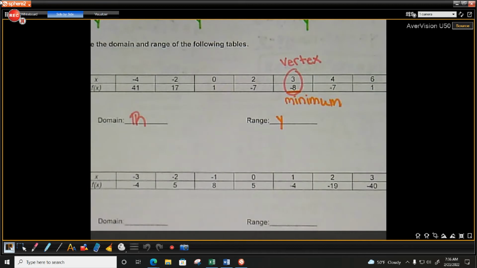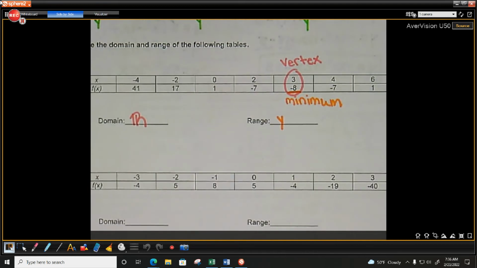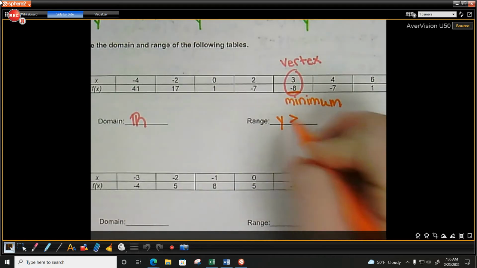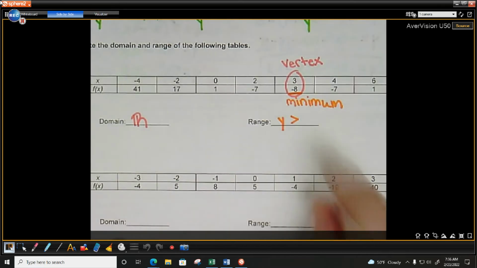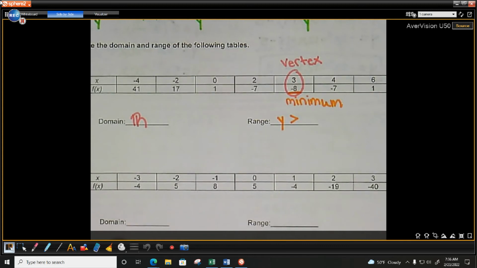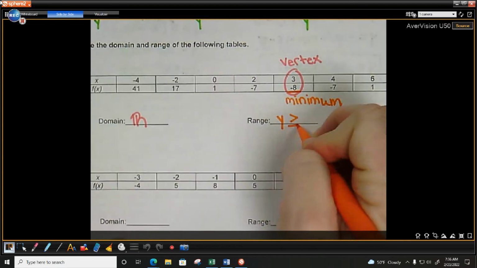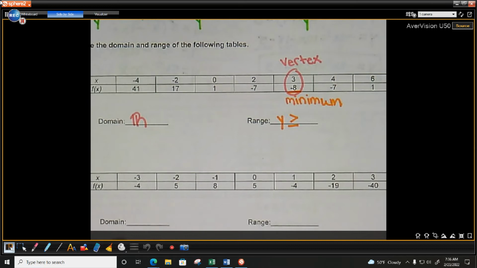So what do you think my inequality sign should be? They're bigger, greater than. Do I actually have a y value of -8 on the table? Yeah, so what do I need to put under the inequality? Equal to. And what's the y value of the vertex? -8.